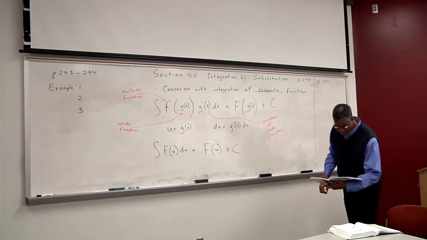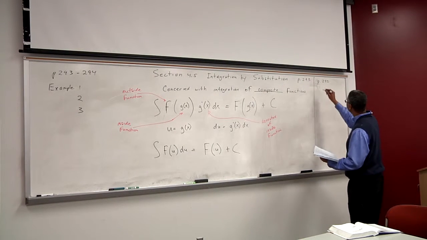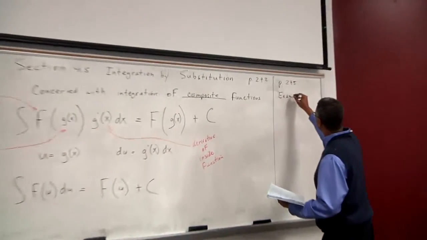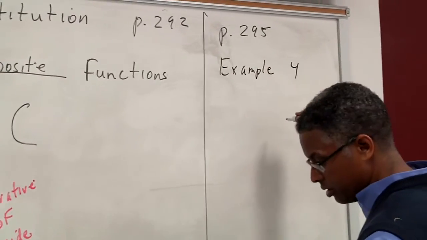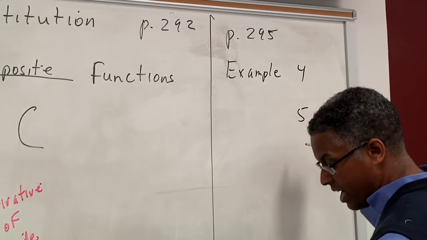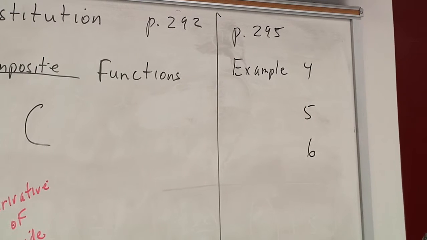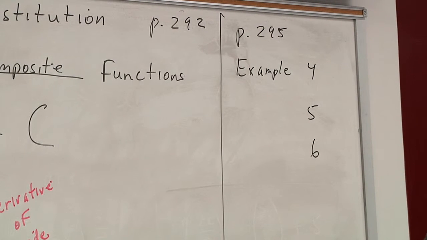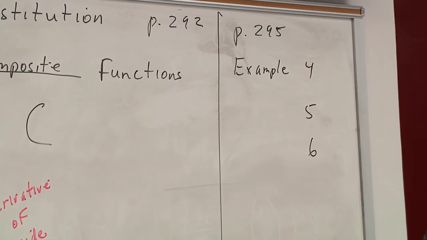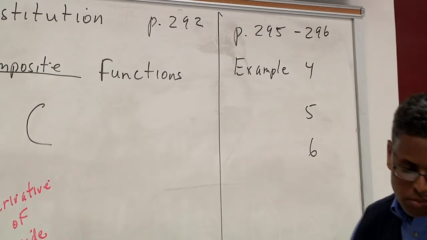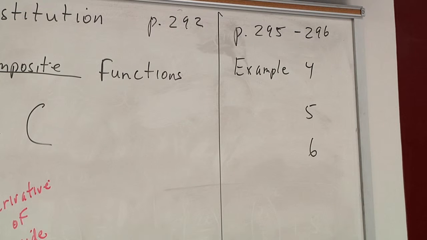Write that down. But what I want you to write down in your notes is, this is page 295. Write down example 4, example 5, example 6, and this is page 295, I'm sorry, through 296.